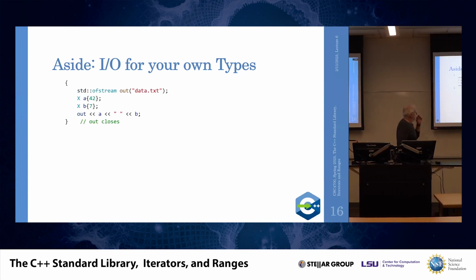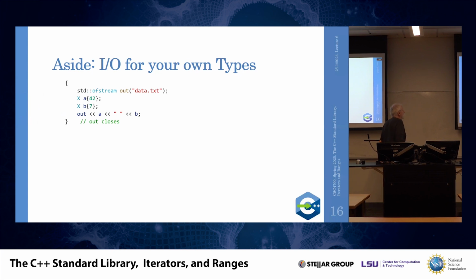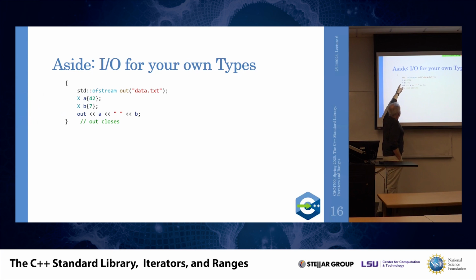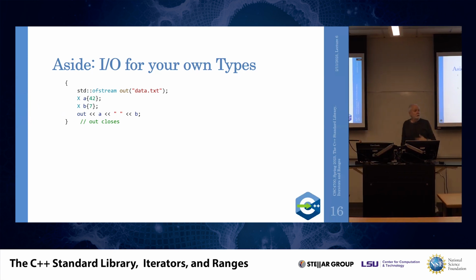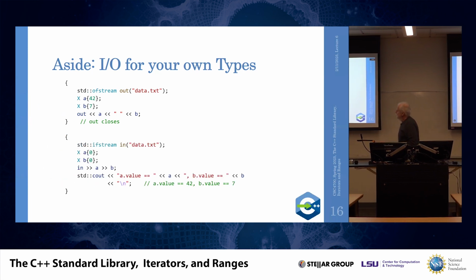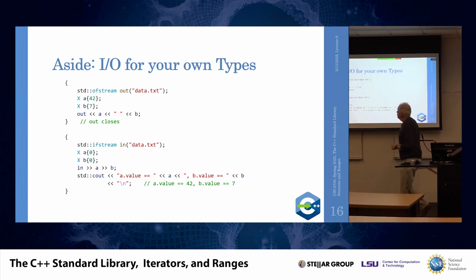Okay, just an example of how to use that. I want to write two x's to my data.txt output file, and as you can see, after defining these two operators, I can use x's with my streaming operations in the same way as I can stream integers or doubles or anything else. Same for input. I can read them back in and will get the proper values.